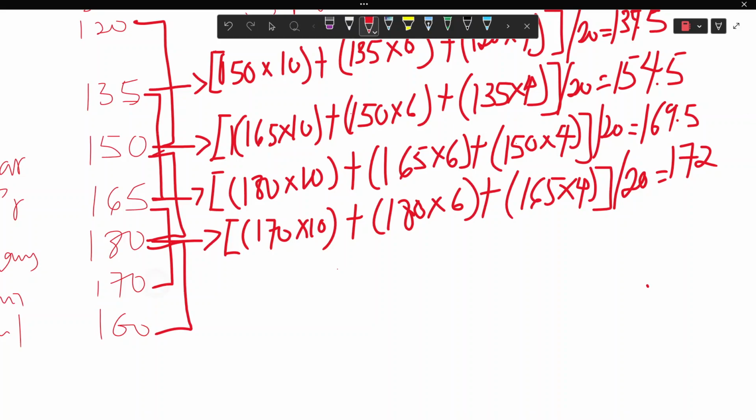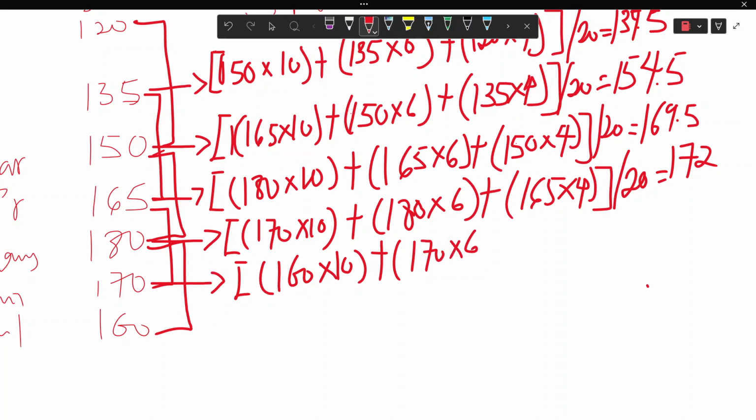Then lastly, we have from 180 to 160. The most recent data is 160 times 10 plus 170 times 6 plus 180 times 4, all divided by the summation of the weight, which is 20, giving us 167.